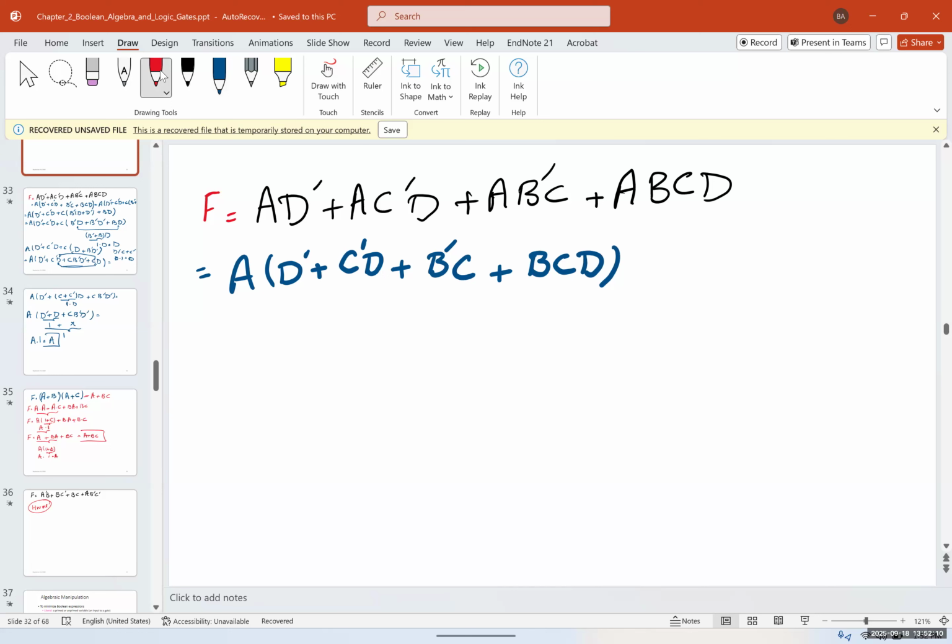Between these two terms, C is common, so I can write C multiplied by (B prime plus BD).